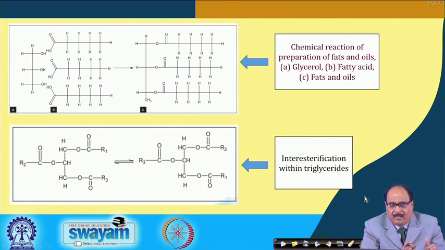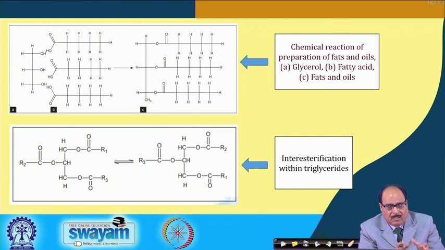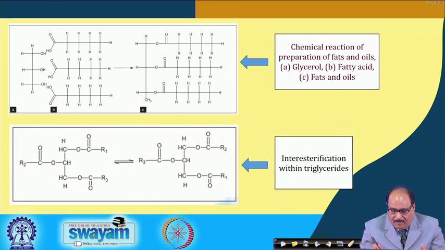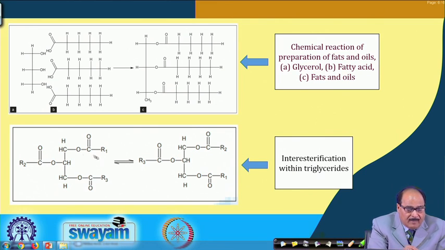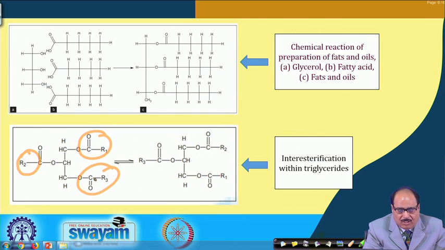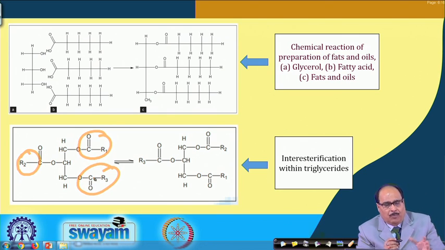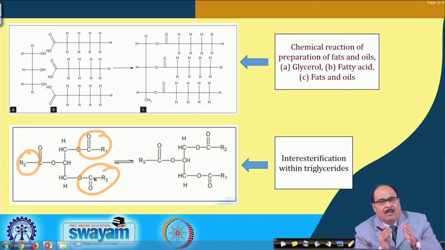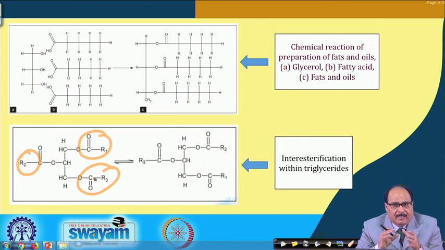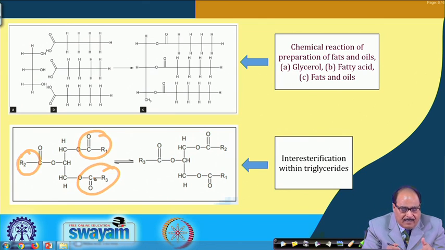In the chemical interesterification process, you can see in this figure that in the triglyceride, the first position is R1, the second position is R2 and the third position is R3. By appropriate selection of catalyst and proper conditions in the reaction vessel, these can be interchanged.